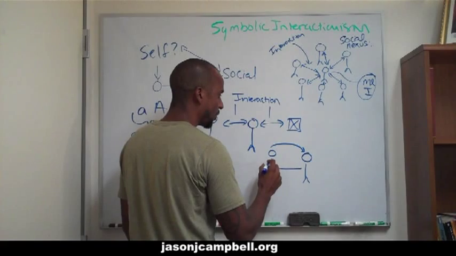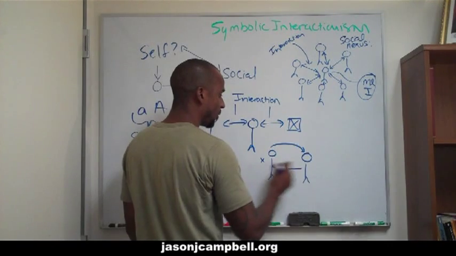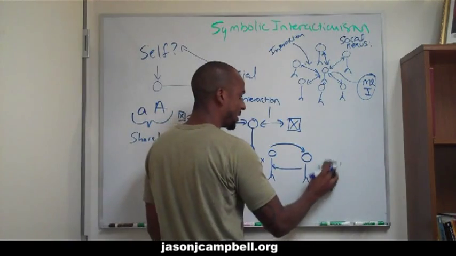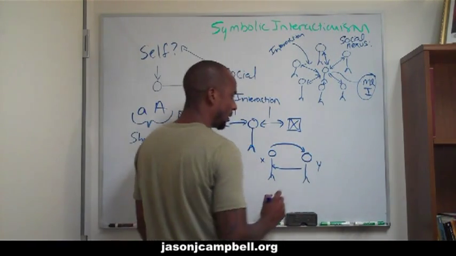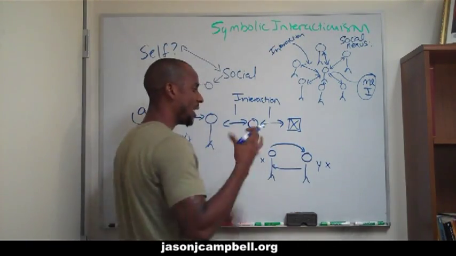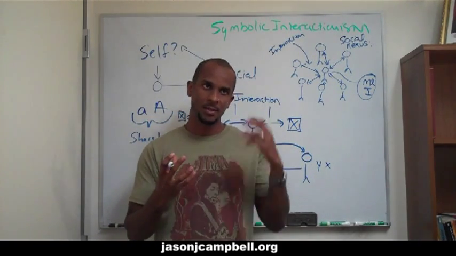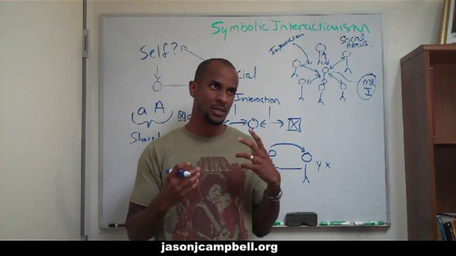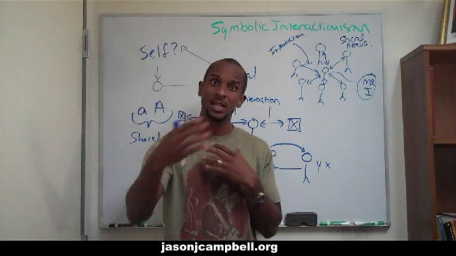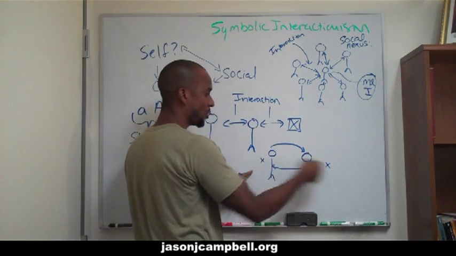Individuals have a perception of me as X, and based on my interaction with individuals, I come to have an understanding of myself as X. If I have an understanding of myself as, let's just say, Y, and every time I interact with an individual, they see me as X, well, you can see how I will have this discontent, right? There will be a divorce, sort of, if you will, a psychological schism between the way that I feel that I am and the way that I am treated in the world, right? So there has to be some confluence between the way that I think of myself and the way that others perceive me, right?